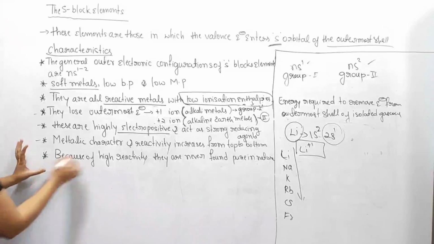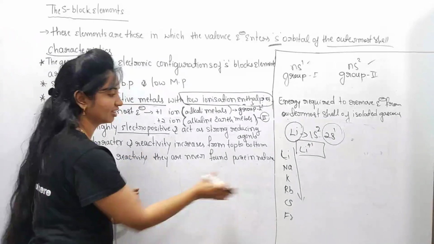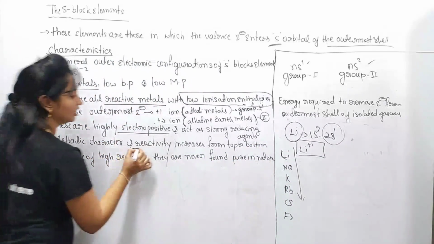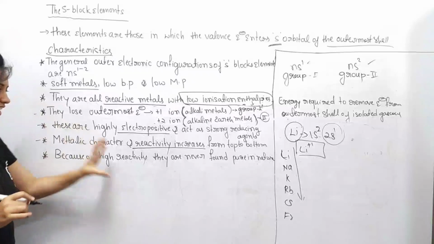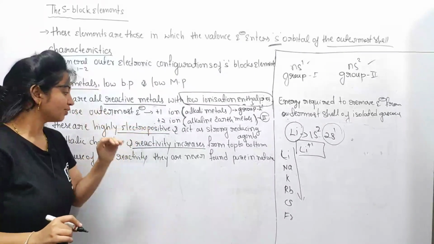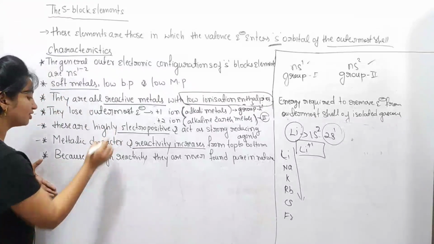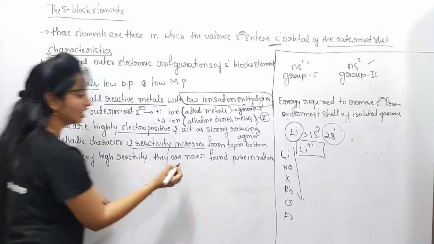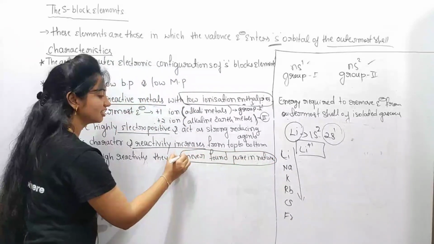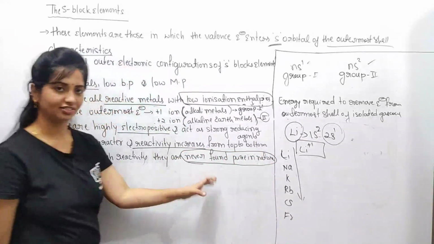And next, because of high reactivity, already you know that the S block elements are highly electropositive. So because of this high reactivity, they are never found pure in nature.